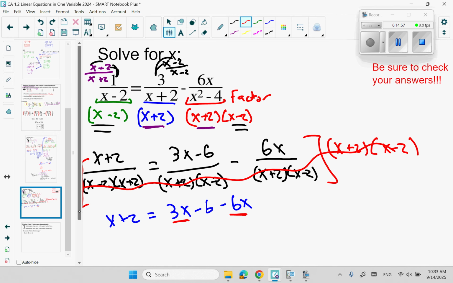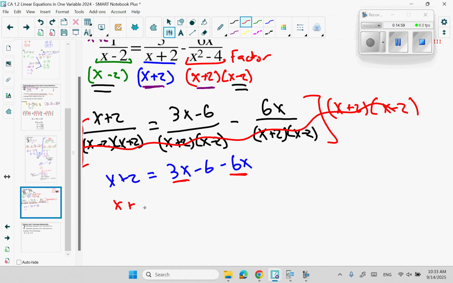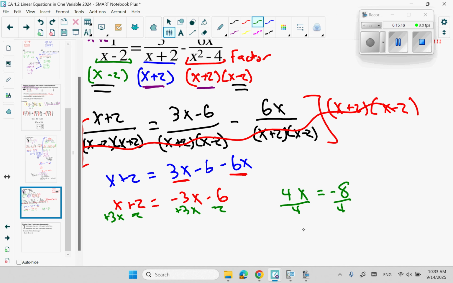These are on the same side, so I can combine like terms. Then from there, it's just solving, so we can add 3x, minus 2, minus 2. We get 4x equals -8. Divide by 4, divide by 4, x equals -2.